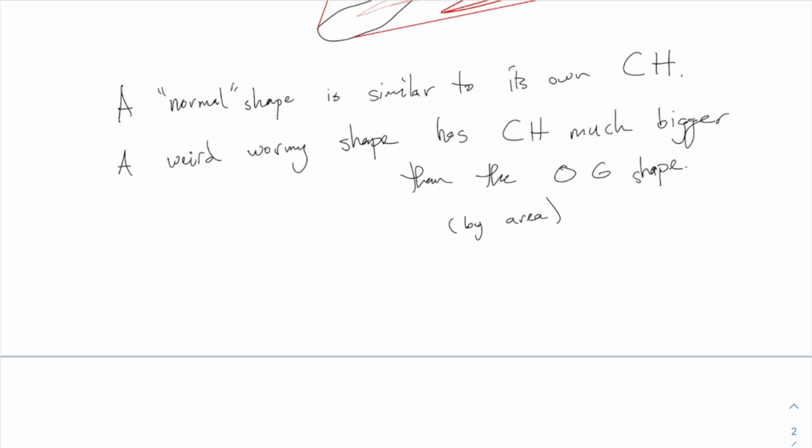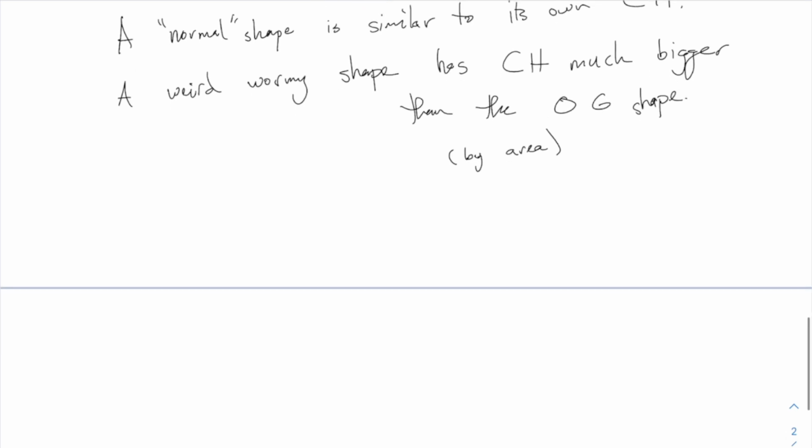The area of the convex hull shape is a lot bigger than the area of the original shape when it's a weird wormy thing, all right? And so this is how you define the measurement of how weird the shape is in terms of those areas. And it's called the convex hull ratio. So that's a clue that you're going to make a ratio, a fraction.